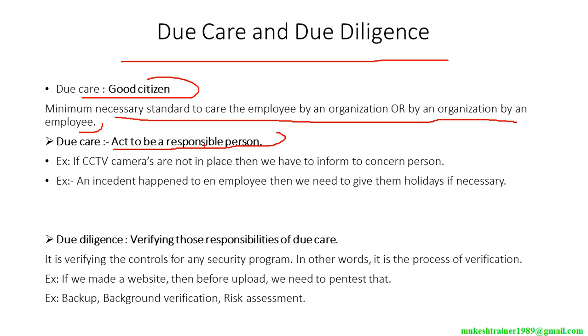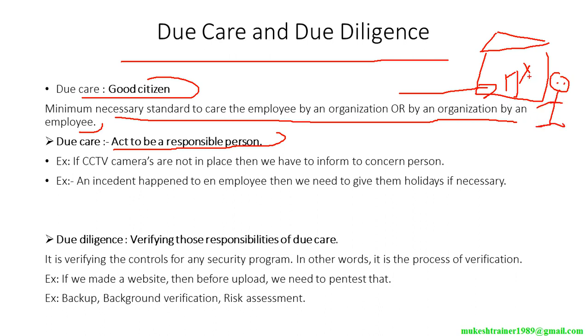Suppose there is a warehouse and somebody enters it and steals or breaks something. A warehouse should have a security guard to protect against unauthorized access, or a CCTV camera, or a security device controlling who can access. If the CCTV camera is not in place, then we have to inform.